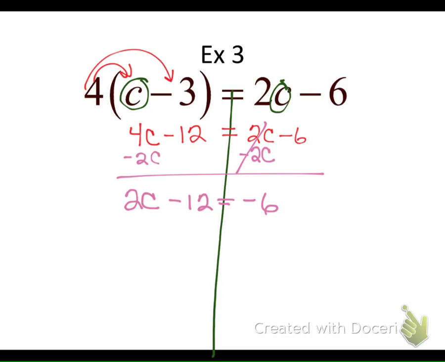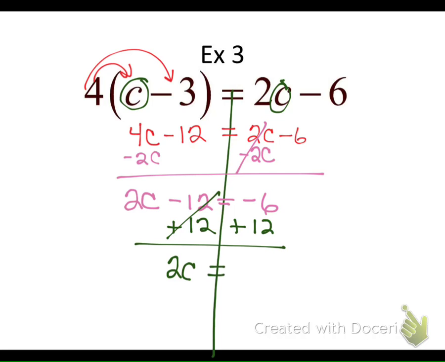So on my left side, I'm going to bring down 2C.